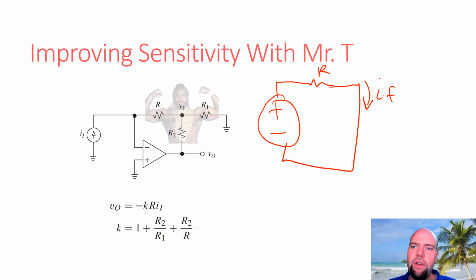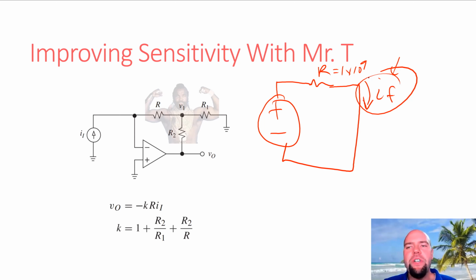And so again, if we want to have this feedback current be like 1/1000th, R would have to be 1 times 10 to the 9th. How else could we nuke it? How could we produce a feedback current that's really, really tiny without necessarily doing that?